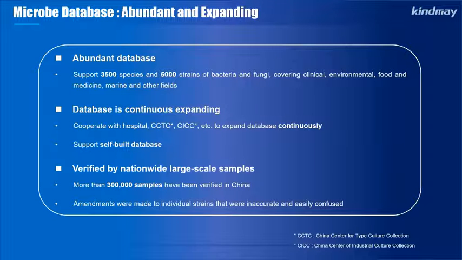I want to interrupt a little bit. Sorry, for the question from Mohammed, yes, we have 3,500 species and 5,000 strains in our database, but it does not include all the bacteria, so we want to develop more. That's why we want to put one unit in Saudi Arabia to collect the information as well, because some bacteria cannot be found in China.